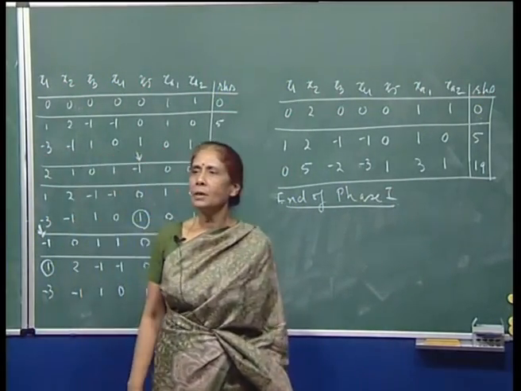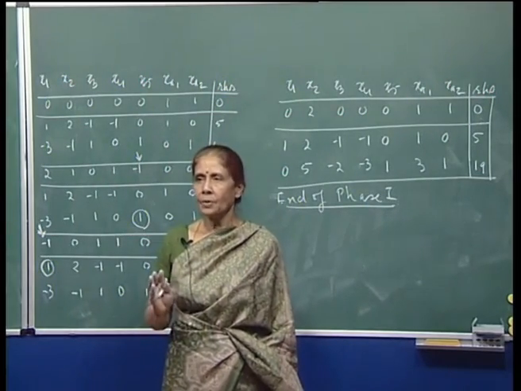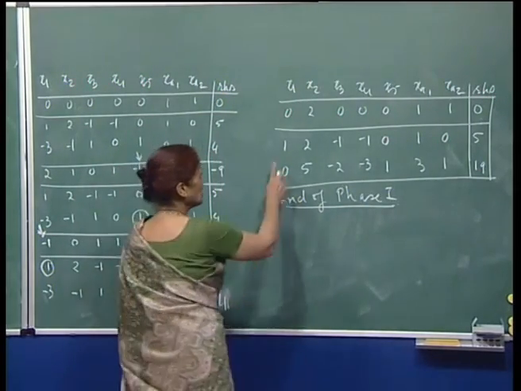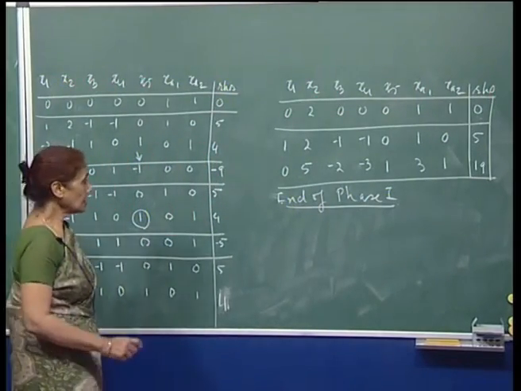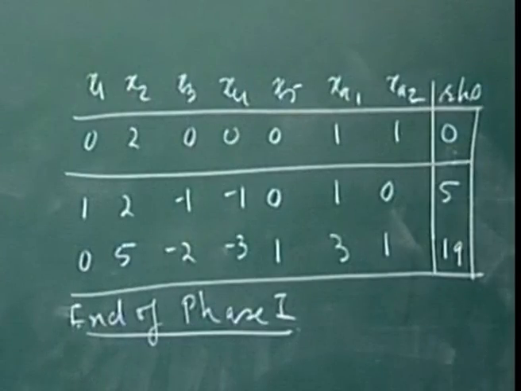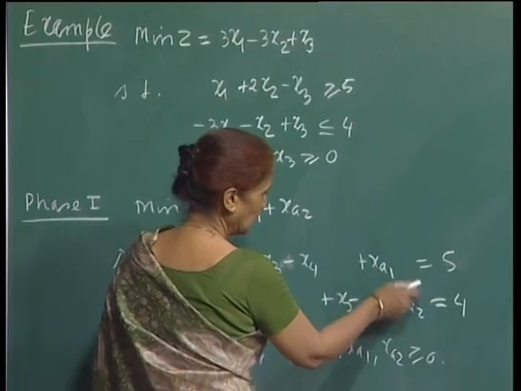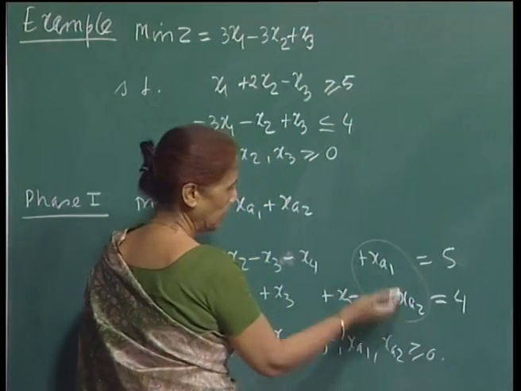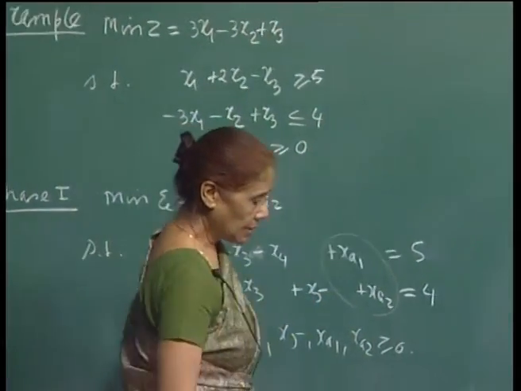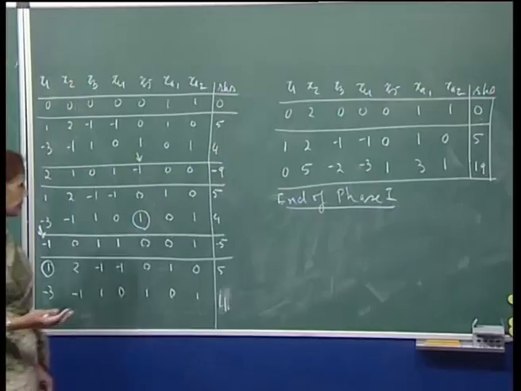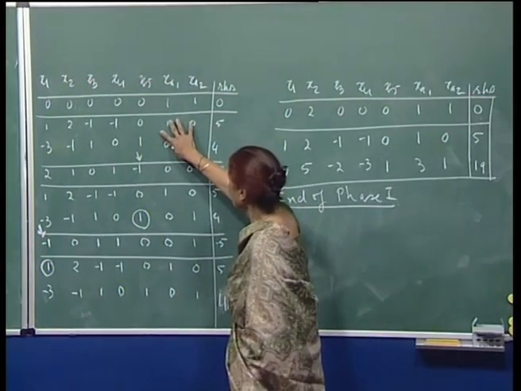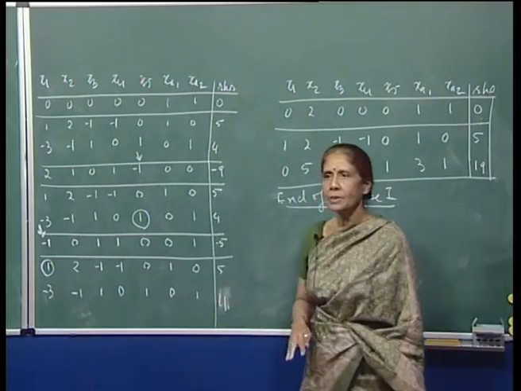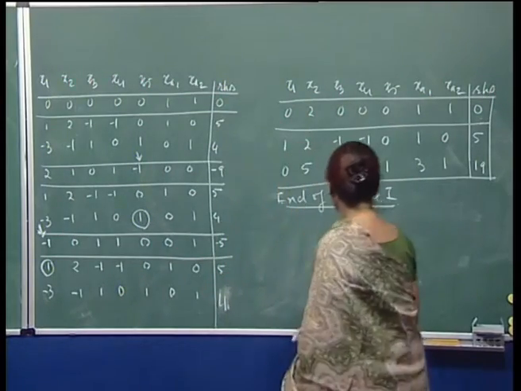That means I can now begin solving the original problem. So the basic feasible solution for the original problem is available, right? Now remember in the beginning I showed you that since these two columns made up my identity matrix, at any iteration what I read in these two columns would always be my B inverse, because I am pre-multiplying by B inverse.